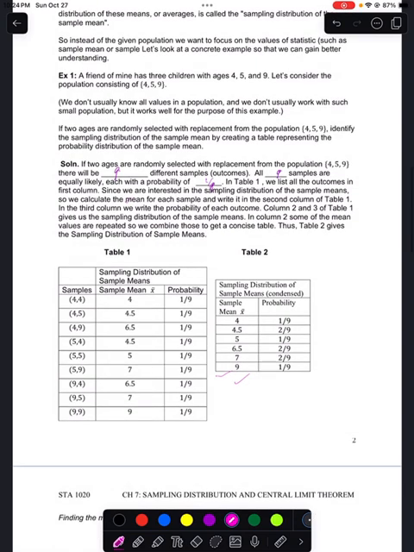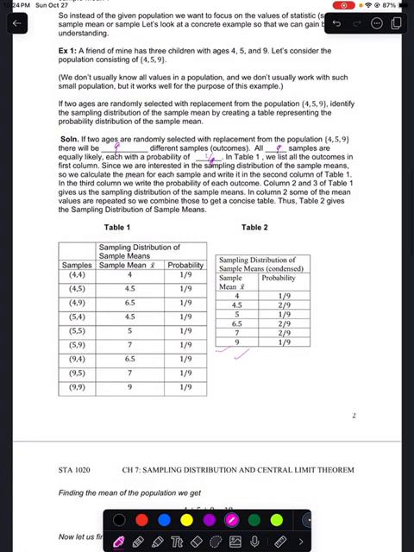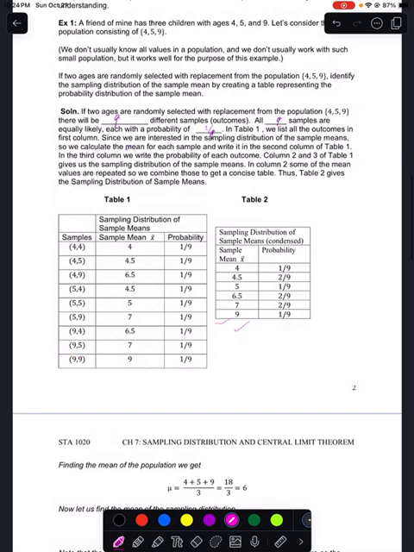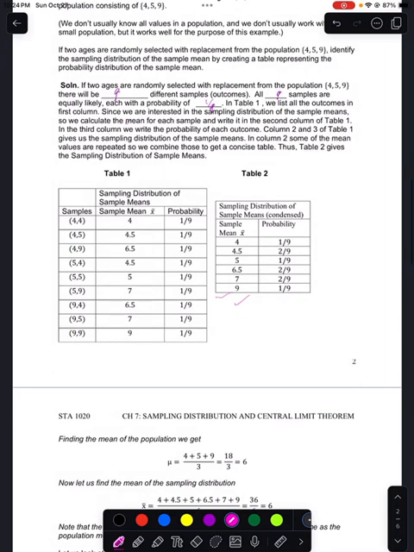Notice that the population was so small, but we got 9 different samples, which have now been reduced to 6 distinct values, but still more than the population. Now if you find the mean of the population, it was 4, 5 and 9, so you add 4, 5, 9 and divide by 3, we get 6.